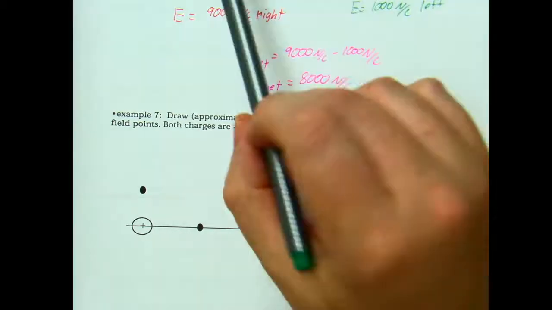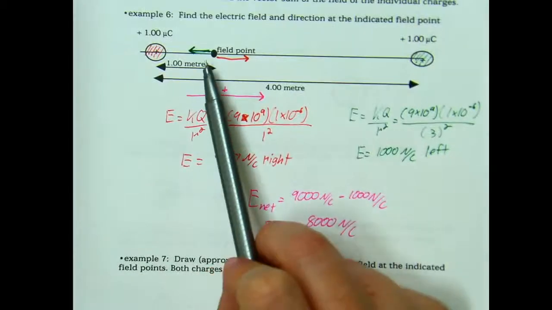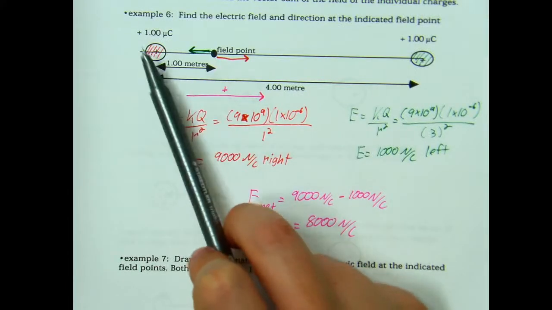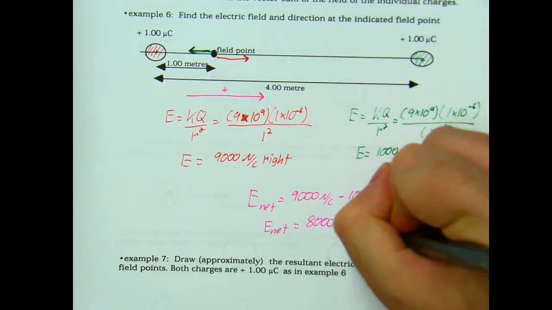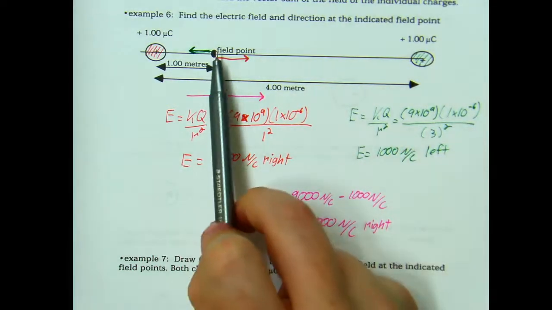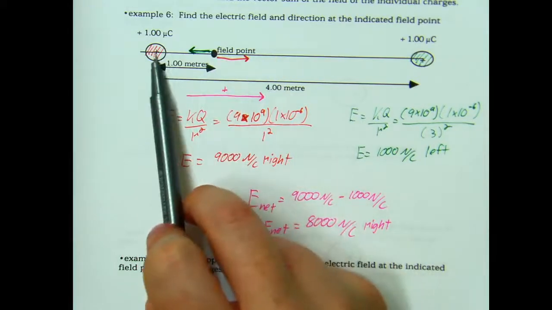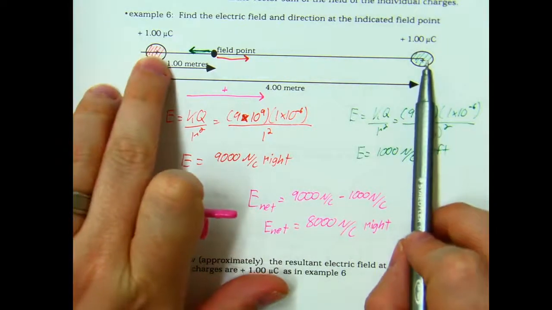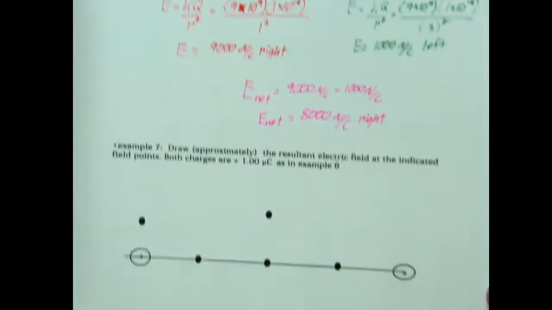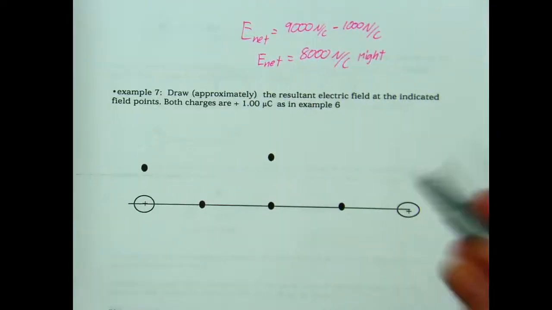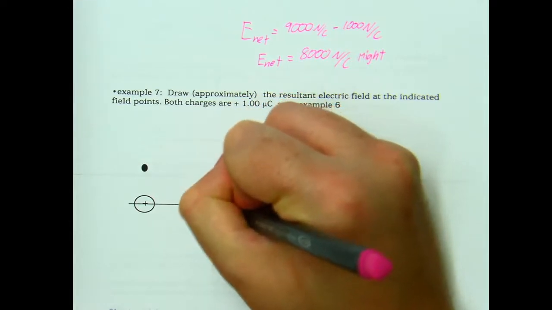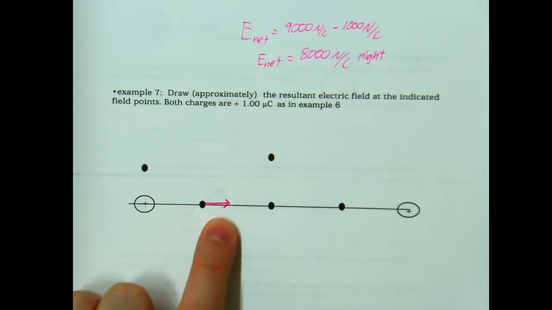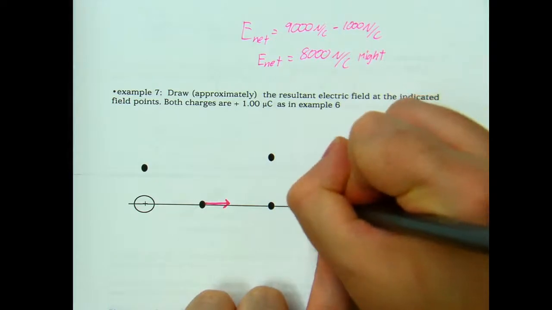So here, closer to the red one, the one on the left, we had, oh, and I didn't put it in here, and I should have, 8,000 newtons per coulomb to the right. So the net electric field was to the right, because we were closer to this guy, even though these two charges were equal. So we're going to have an electric field going to the right there, but that means here it's going to be going to the left.